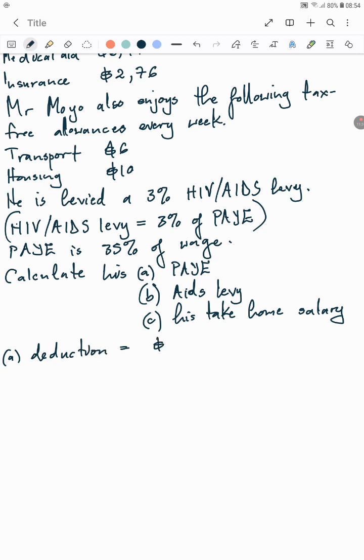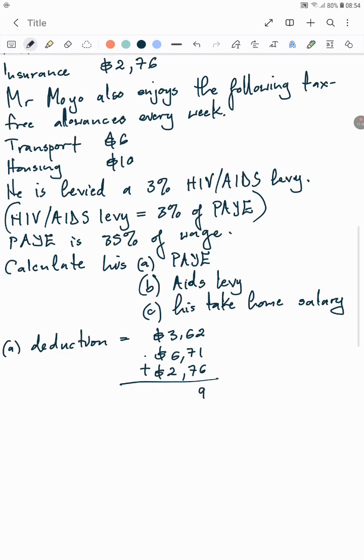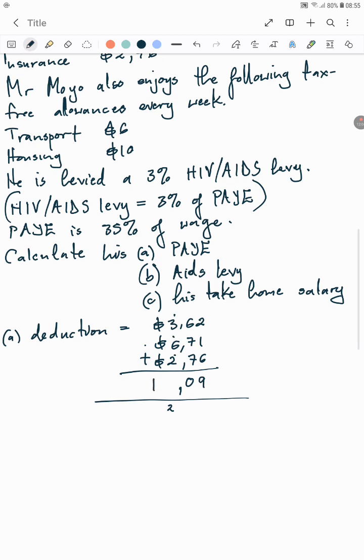So we say deductions here. We add $3.62 plus $6.71 plus $2.76. If we add this, we're going to get 9 here. 6 plus 1 plus 2, 7 plus 7, that's 14, plus 6, that's 20. You carry 2 here. 3 plus 6, 9 plus 2, that's 11, plus 2, that's 13.